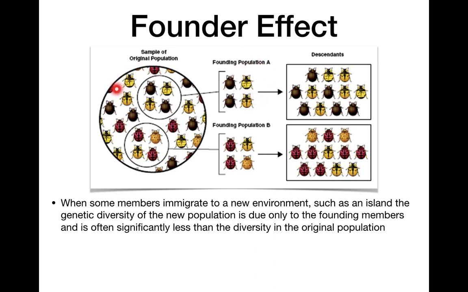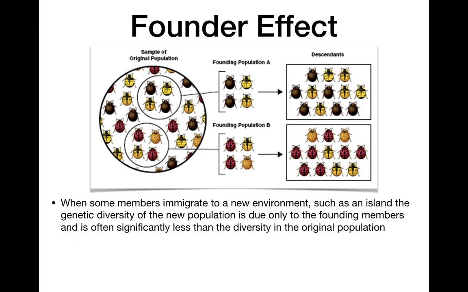So having all these different colors of ladybug, in this new population, it's only these two colors, really three, that are available. So we have this very different population looking here than we would here. Same thing here. So we have none of the brown ones present. So we have no brown ones in the eventual descendant population. And here we have two brown ones, so we have a bunch of brown ones being present.